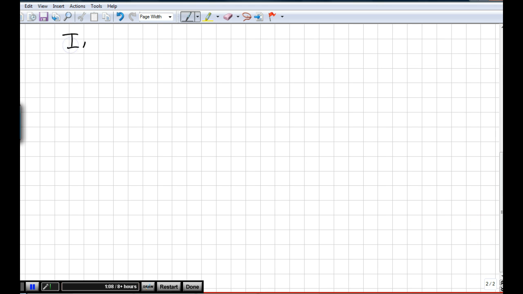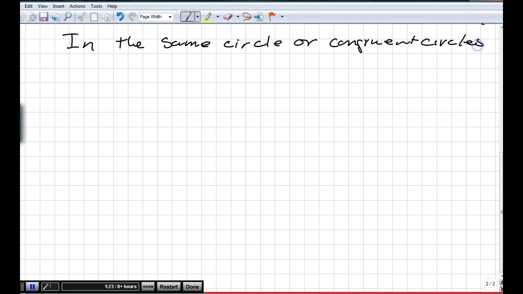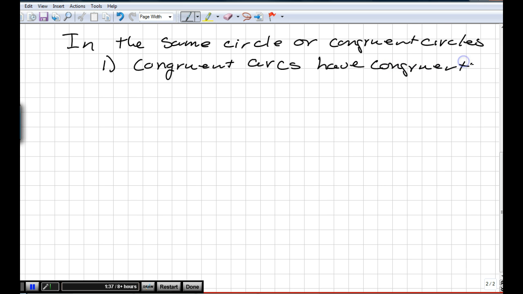says in the same circle or congruent circles, number one, congruent arcs have congruent chords.